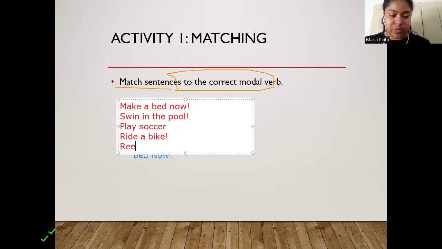And read a book. Read a book. And go for a walk.